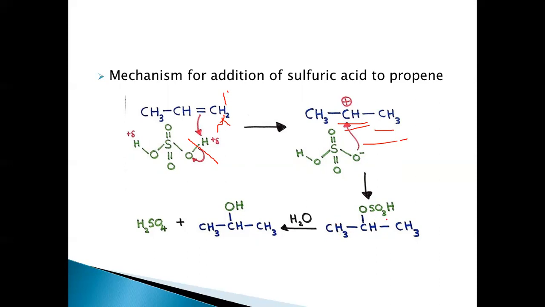The OSO3H, that is the bisulfate ion, its O minus attacks the carbocation, resulting in the formation of alkyl hydrogen sulfate, which on hydrolysis will give you the secondary alcohol, that is isopropyl alcohol. This is the desired product here. So the addition follows Markovnikov's rule based on the stability of the carbocations.